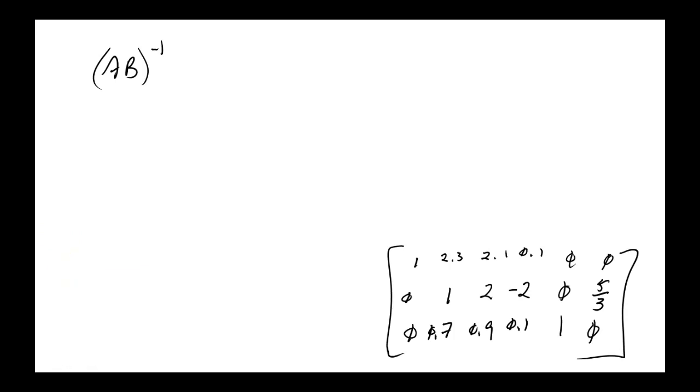Now, what's the next step? One was 0.7 times row 2, negative 0.7 times row 2 plus row 3. Add it to row 3. And we'll also be multiplying row 2 by negative 2.3 and adding to row 1. See, this we're doing Gauss-Jordan elimination.